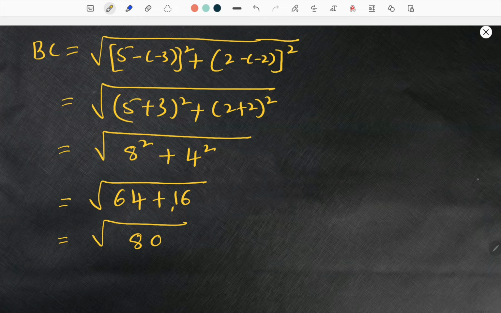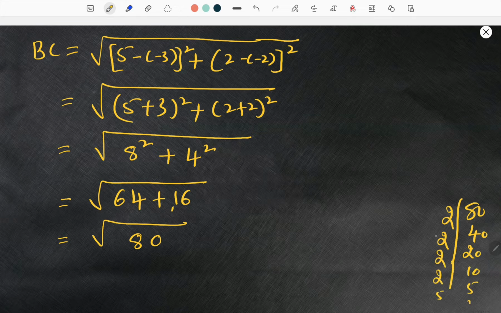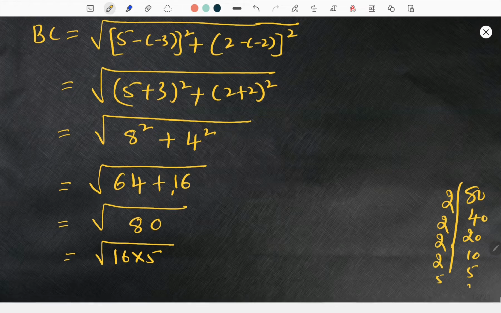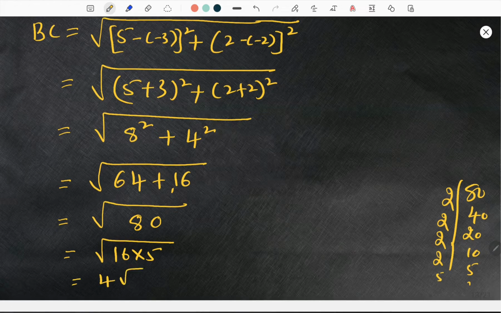What is this 80, just do that. 2 40s are, 2 20s are, then 2 10s are, then 2 5s are, then 5 1s are. 2 2s are 4, 4 2s are 8, 8 2s are 16. You can definitely write it as under root 16 into 5, and that is 4 under root 5 units. So the value of BC is 4 under root 5 units.